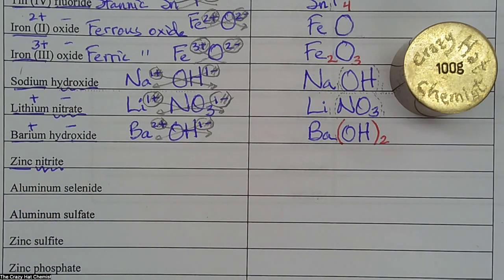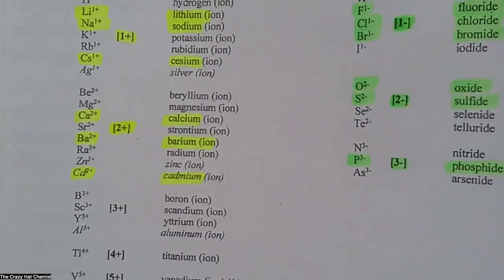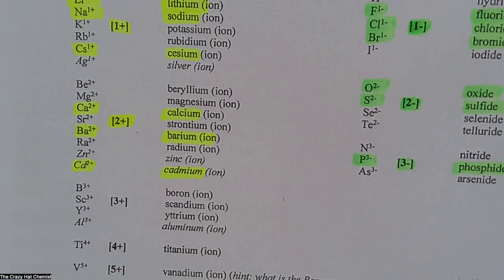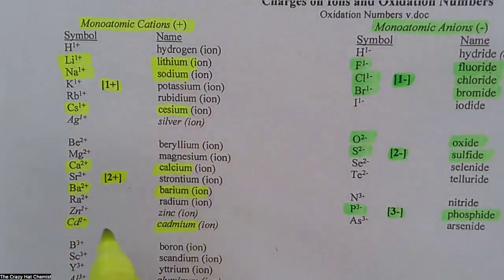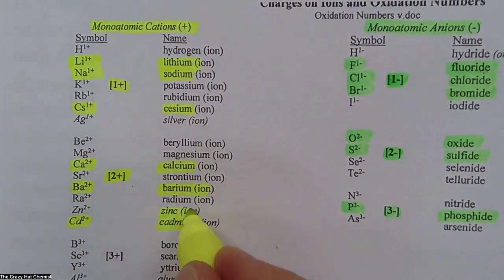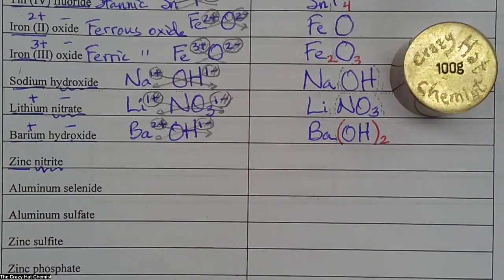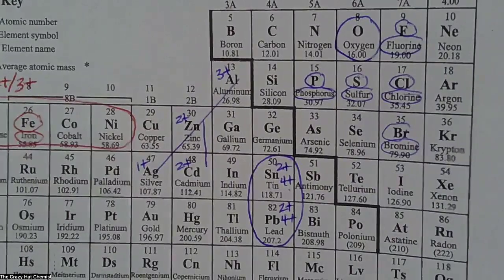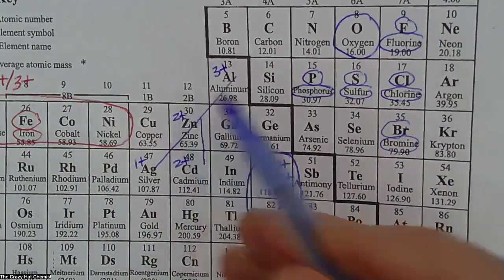So zinc is also a periodic trend, and it's a monoatomic cation. So it's in the monoatomic cation category, 2 plus. There is zinc, it's Zn2 plus. Okay. Alternatively, you can find it on the periodic table. I already went over this here just briefly, and that is right here. That's zinc, Zn2 plus.